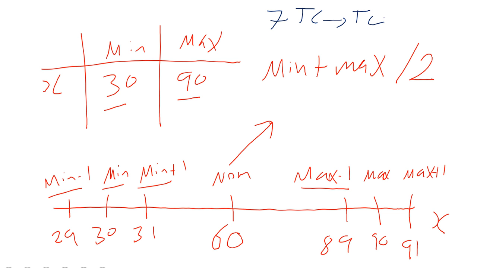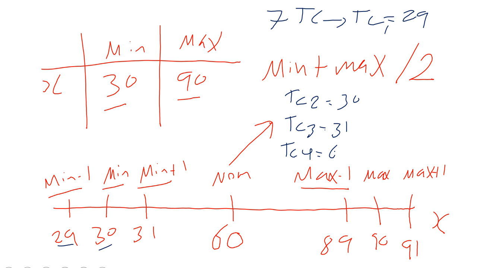Test case 1 is the first one, 29. Test case 2 equals the second one, 30. Test case 3 equals 31. Test case 4 equals 60. Test case 5 equals 89. Test case 6 equals 90. Test case 7 equals 91.